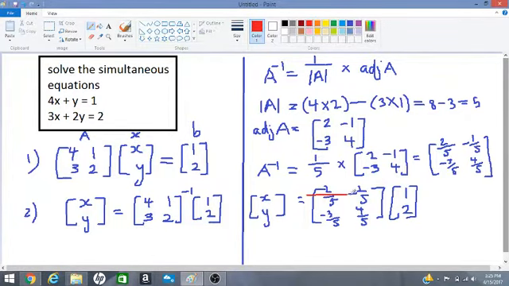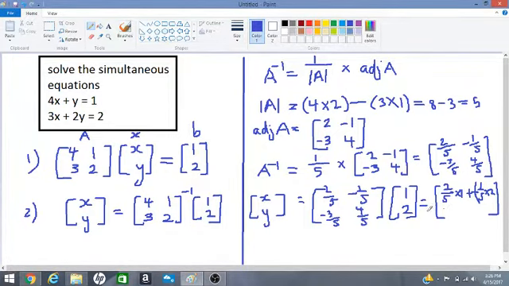So this row times this column. 2/5 times 1 plus negative 1 over 5 times 2.